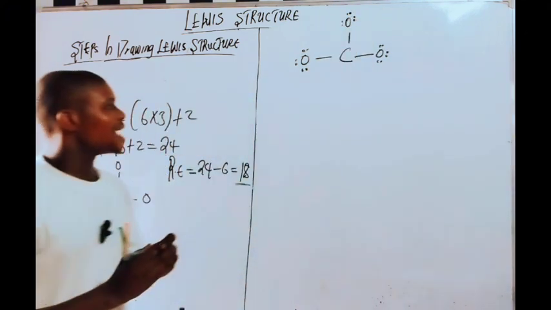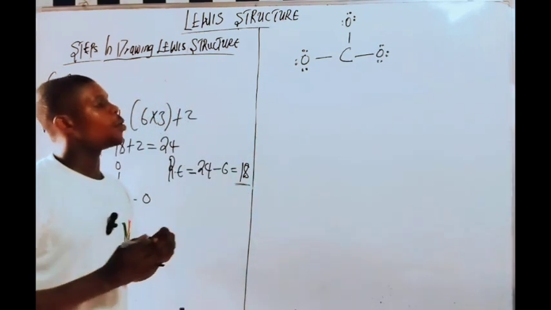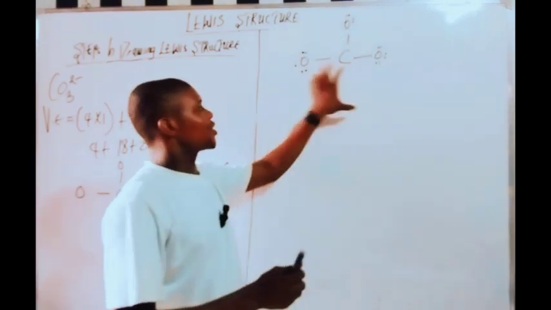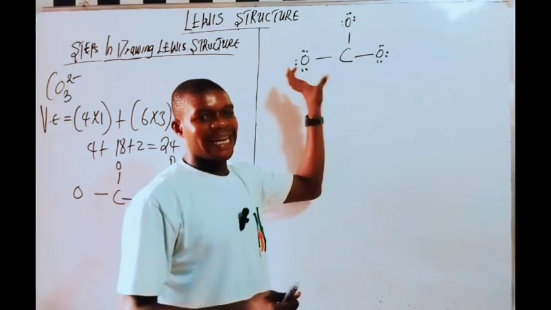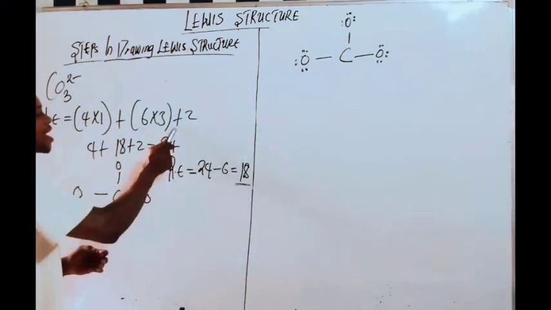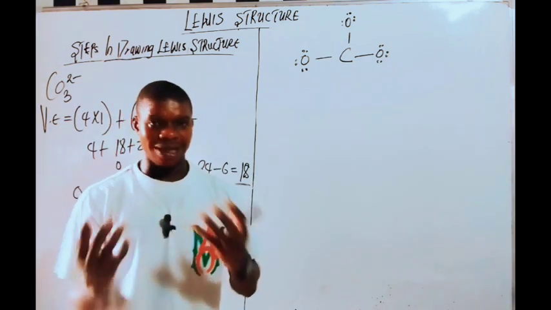Can you see that? Now I have exhausted all my electrons, because the 3 oxygens each have 6, making a total of 18. That is, I have exhausted all my 24 electrons, and I have no electron left.